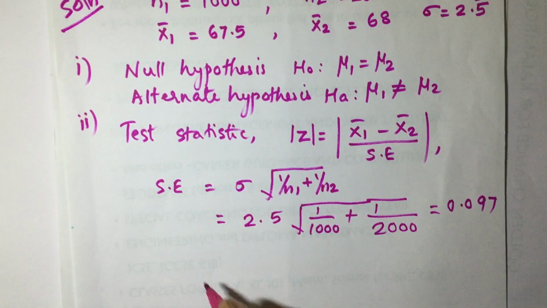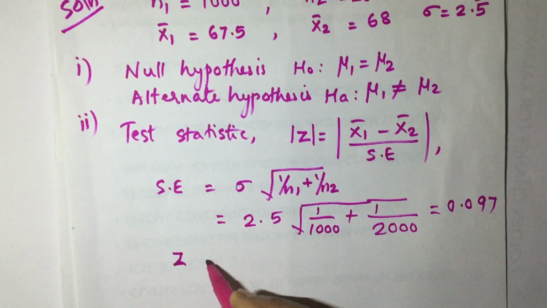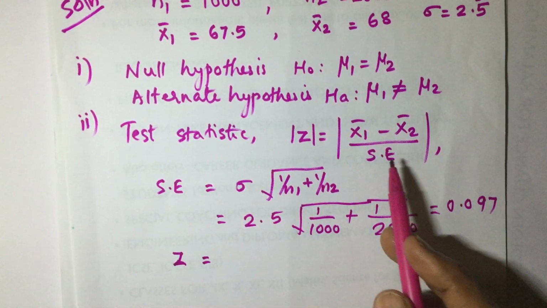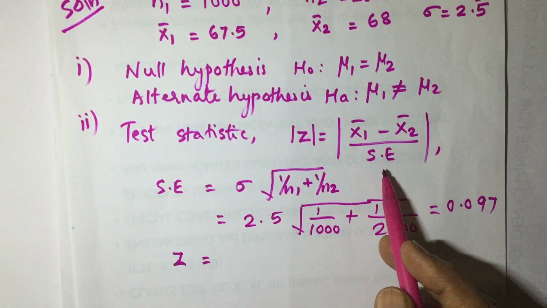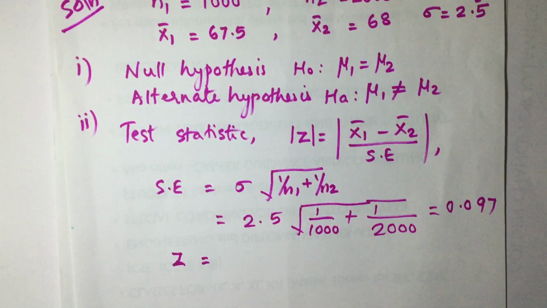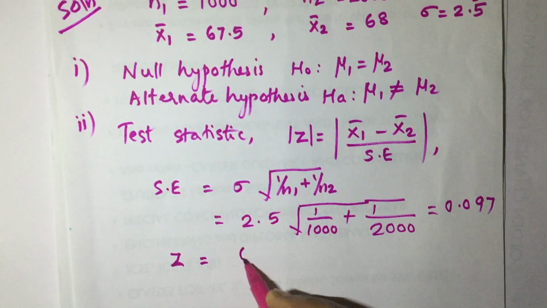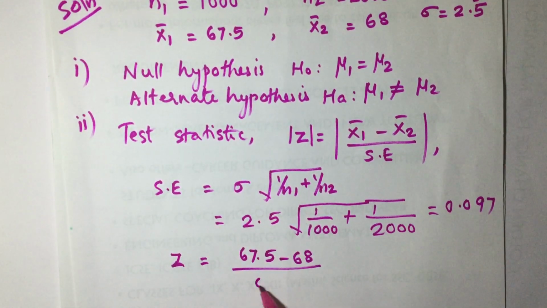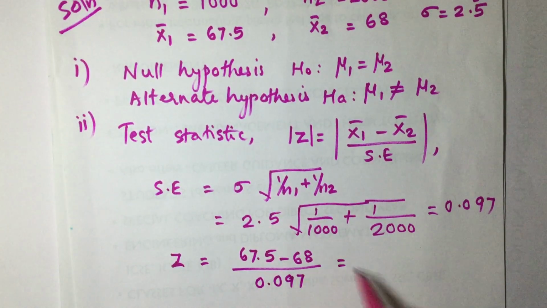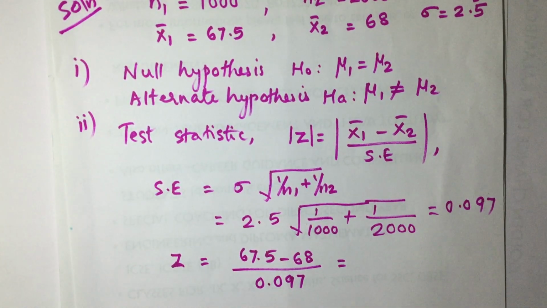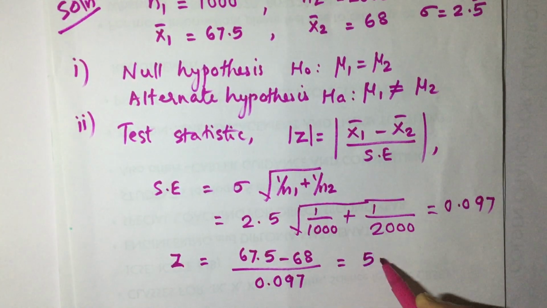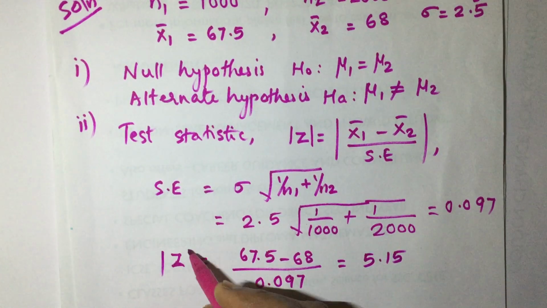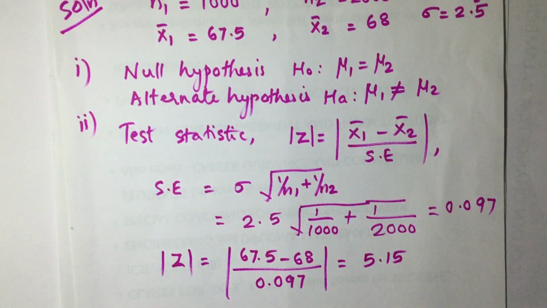Then Z is equal to x1 bar minus x2 bar upon that standard error S. After substituting, that is 67.5 minus 68 divided by 0.097, which is 5.15. We take the modulus value, so it is positive 5.15.